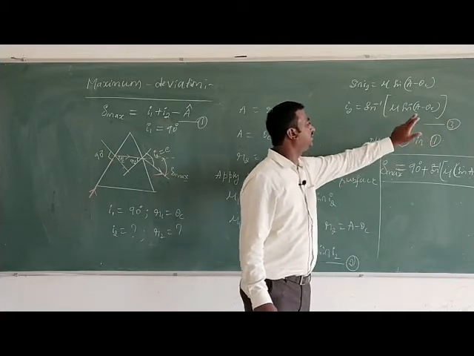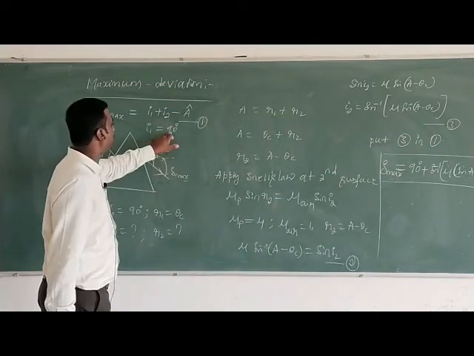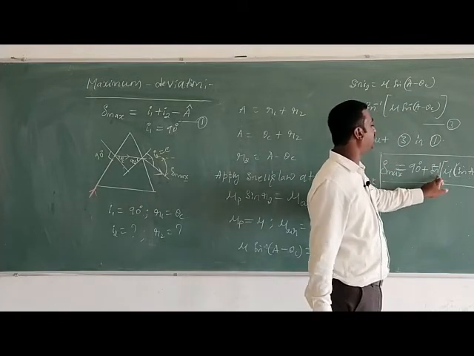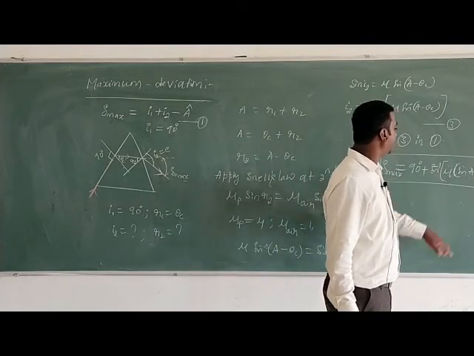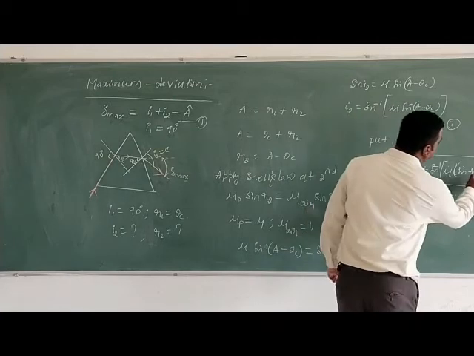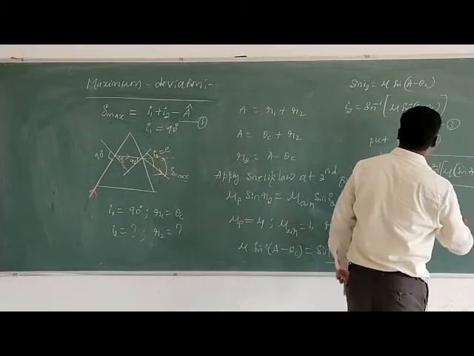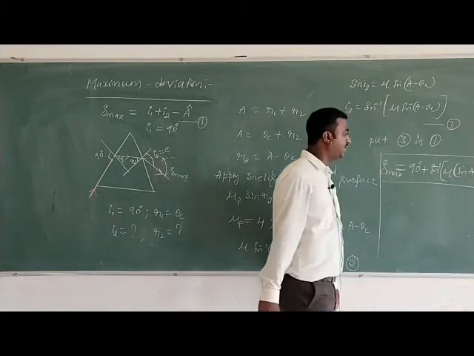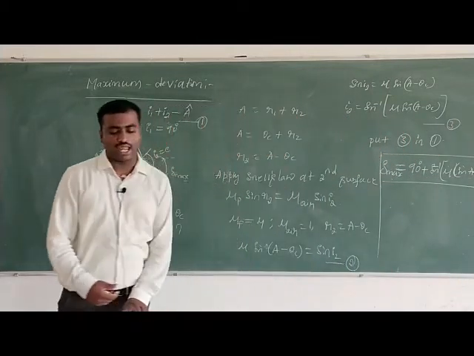If you substitute these into equation number 1, I1 is 90 degrees, I2 we calculated as sin inverse of mu of sin of A minus theta c, and then minus A, the angle of the prism, we have the equation.